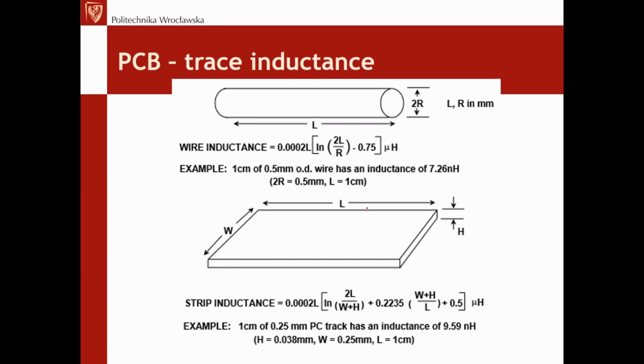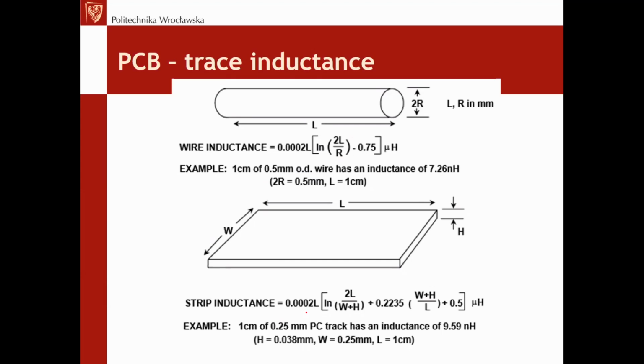Anyway, it has to be understood and taken into account, even for not so very high frequencies. Why? Take a look. A simple via means roughly 1.2 nanohenries of inductance, which for 2.4 gigahertz is 18 ohms of impedance.